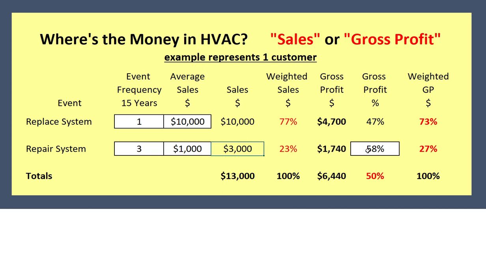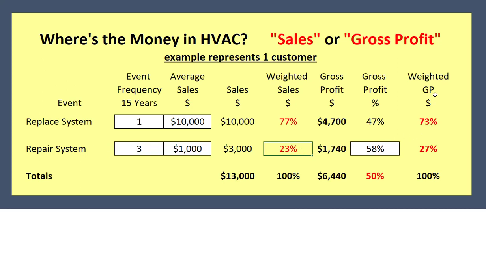It's going to generate 58% gross profit, or give me $1,740 in gross profit dollars. Now I did a weighted piece here: 77% of the sales are coming from the replacement side from this customer in a 15-year period, and 23% of the sales are coming from the repairs.